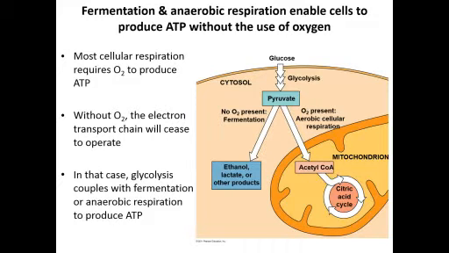Alright, so now we're going to talk about fermentation. Now we're dealing with an organism that, in the absence of oxygen, is not using some other final electron acceptor like a nitrogen or sulfur compound. It's going to use fermentation to produce energy.